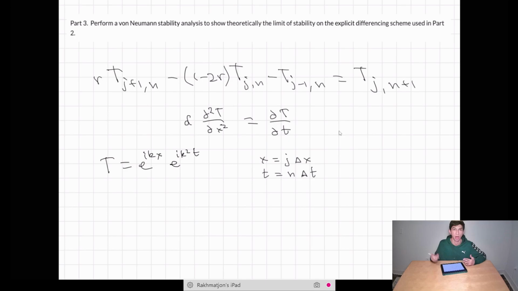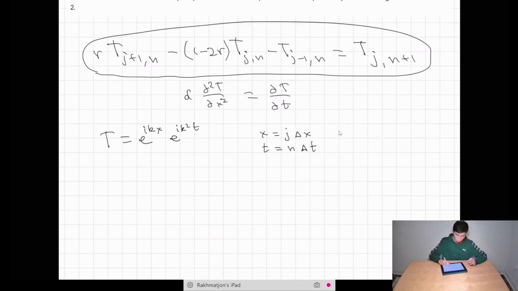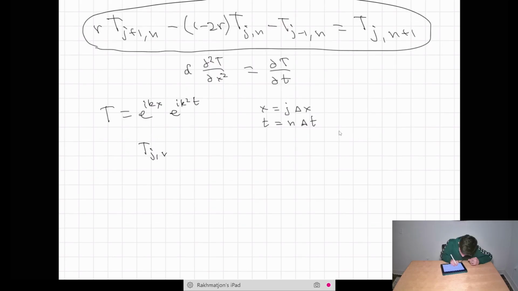So we have T j at n. Let's derive everything.